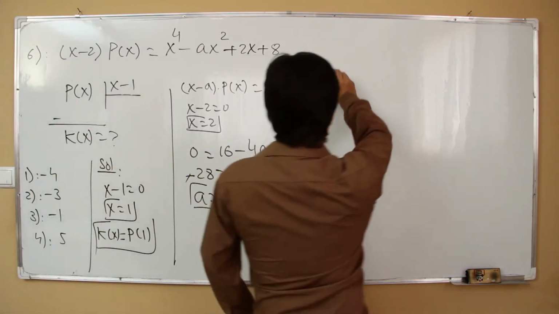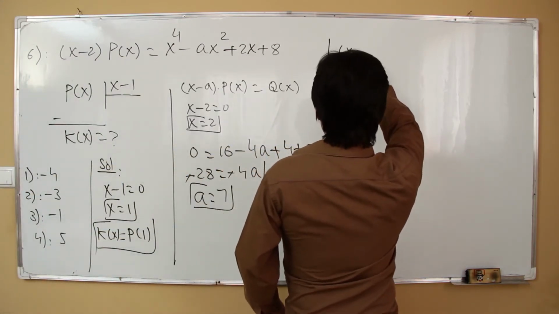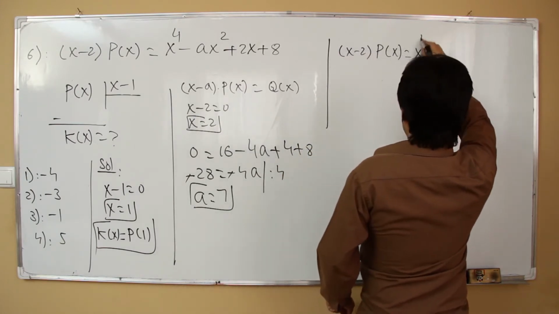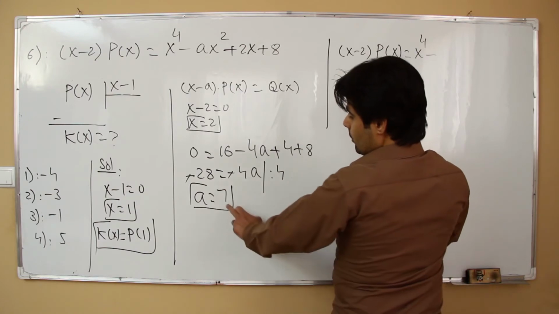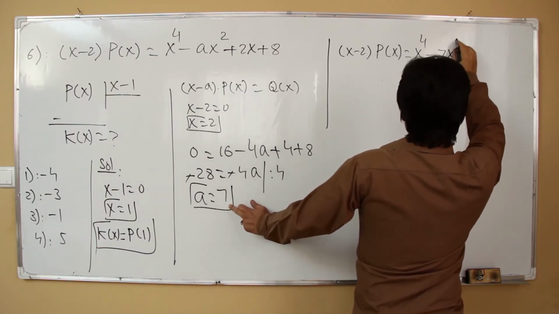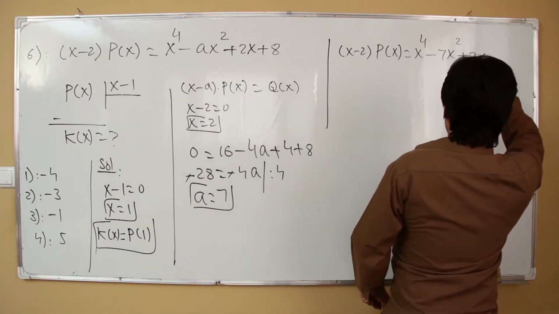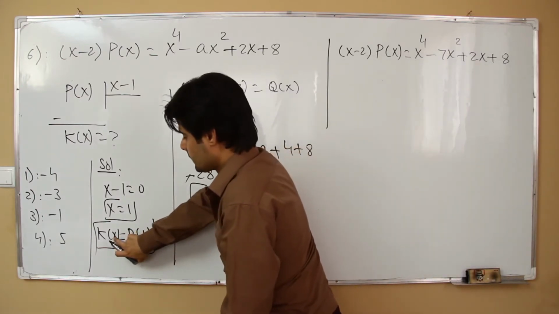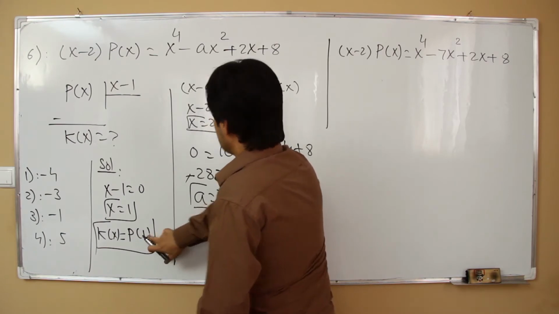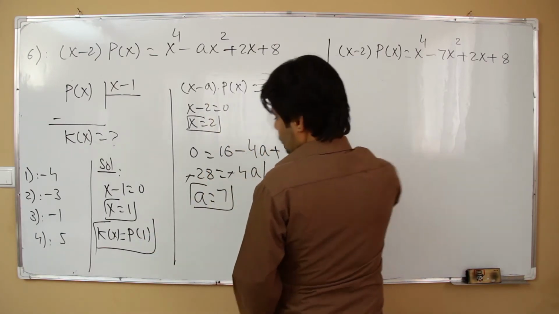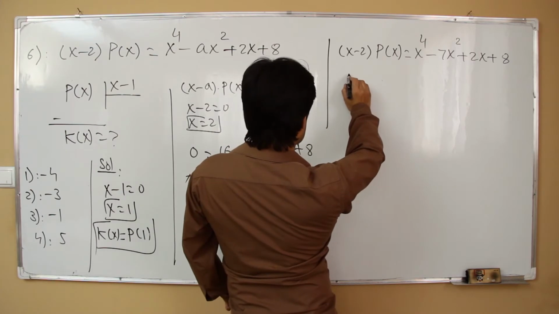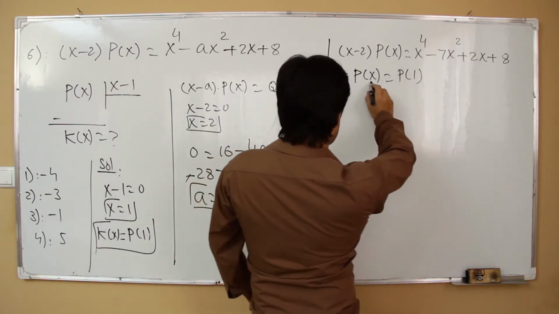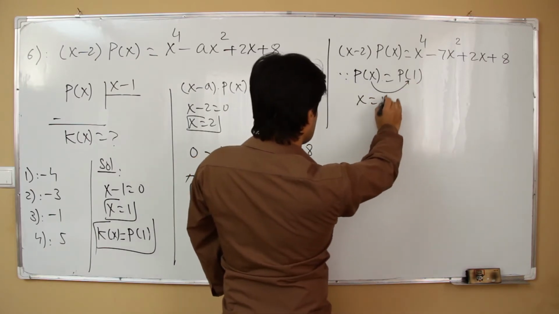Now you got that x minus 2 times P(x) is equal to x to the power 4 minus, instead of a, 7x squared plus 2x plus 8. Now P(1) is K(x), so try to find P(1). It means this P(x) should be equal to P(1). So you will have P(x) is equal to P(1). Now x is equal to 1.